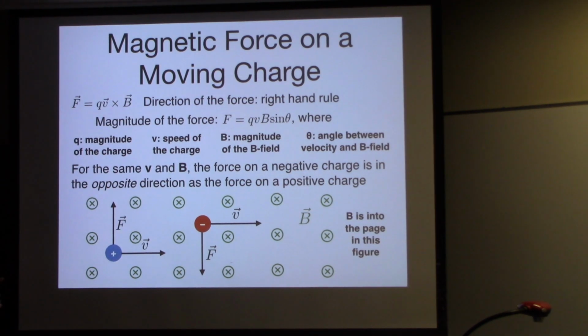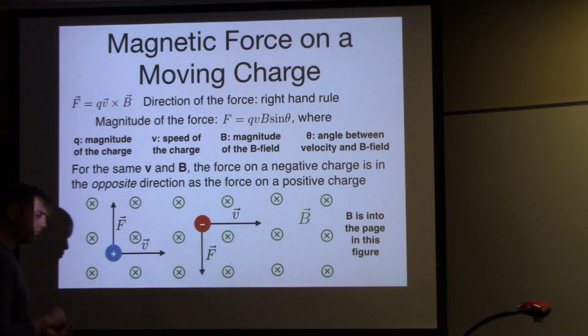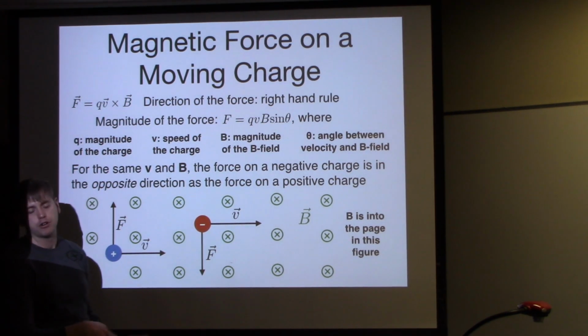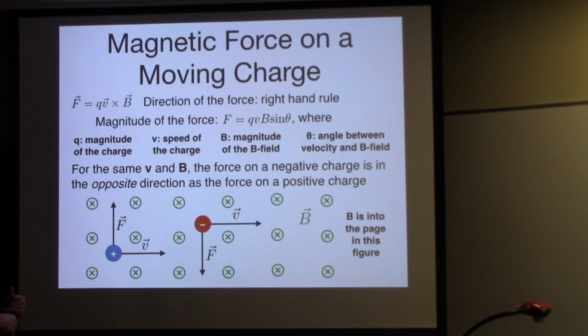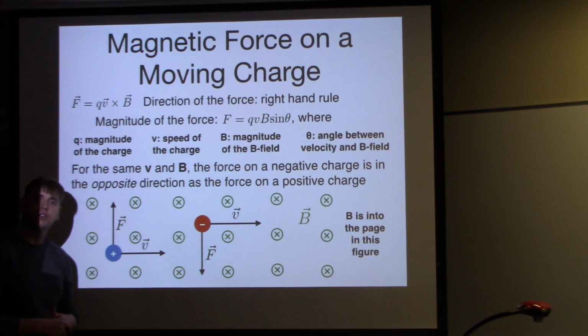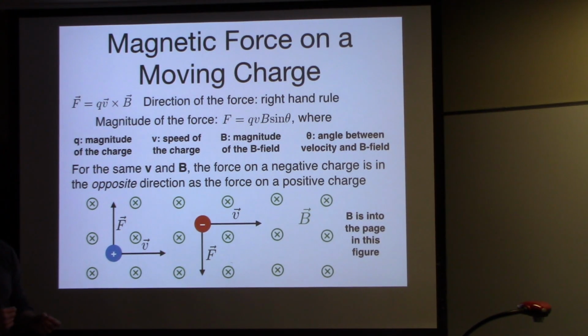So, how do we deal with the fact then that we have sometimes positive charges and negative charges? For instance, I could have a proton moving in a magnetic field or an electron moving in a magnetic field, and those would be different situations.